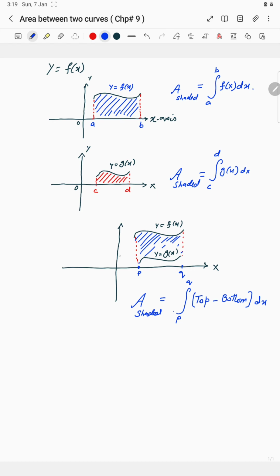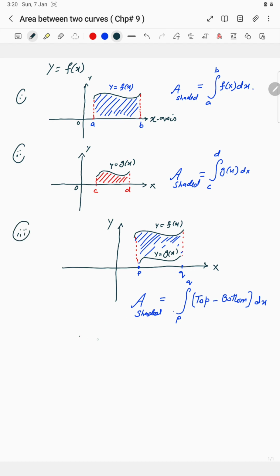Here, for the curves given in the figure, this is one case, two, and this is the third case, we are discussing the third case, right?